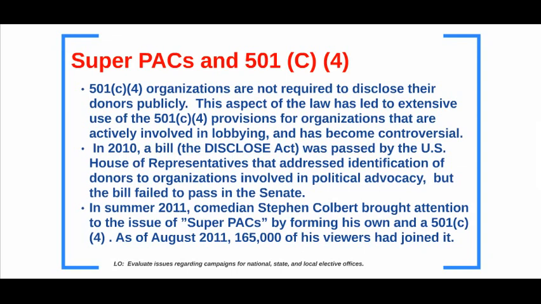So what you might see is that a particular super PAC received money, and when it discloses its donors, it shows a 501c4, but you don't know who has contributed to that 501c4. So it basically allows groups or organizations donating money to try to influence elections to, in essence, launder the money and hide the true source of where it came from, which circumvents the intent of the law.